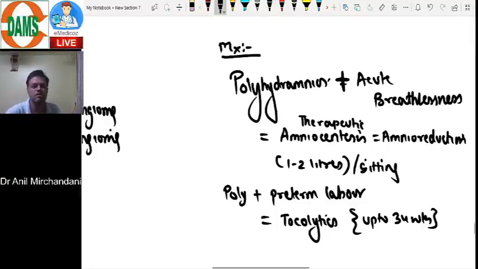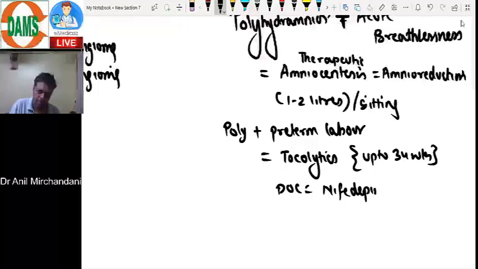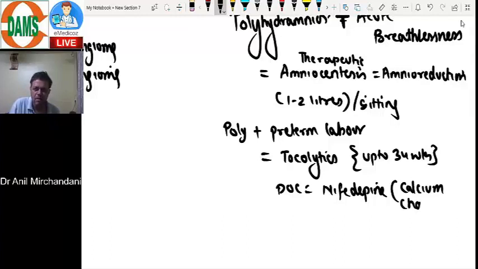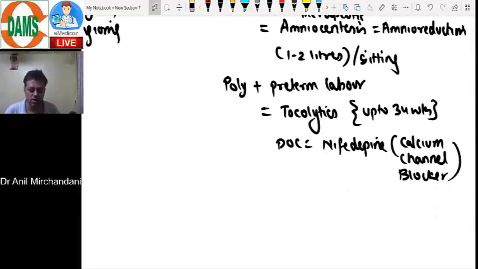But up to 34 weeks, you are supposed to give tocolytics. Yeah. Drug of choice would be nifedipine. It's a calcium channel blocker. That's a drug of choice. Calcium causes contraction. Nifedipine will stop the contraction.